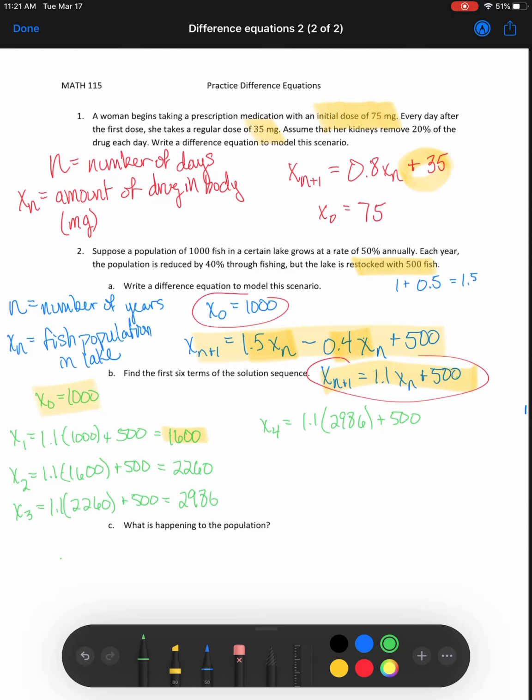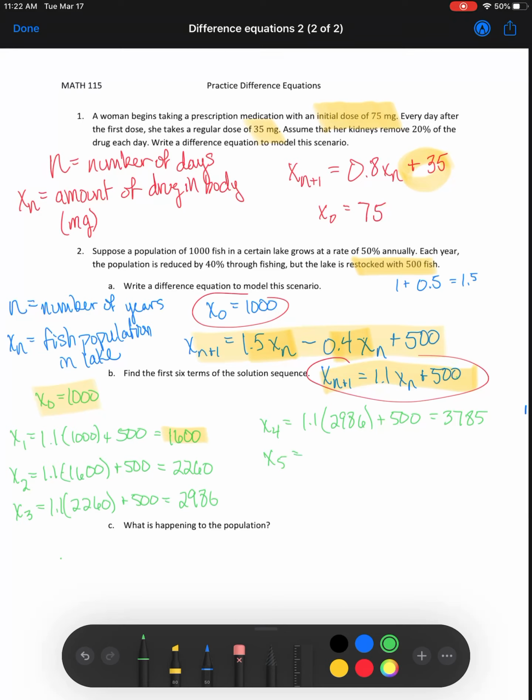When you do this on your calculator, this is the first time that we have to worry about decimals. It actually gives you 3,784.6. Since we're talking about a fish population, it really doesn't make sense to talk about 0.6 of a fish. So we're going to round that up to the nearest whole number.